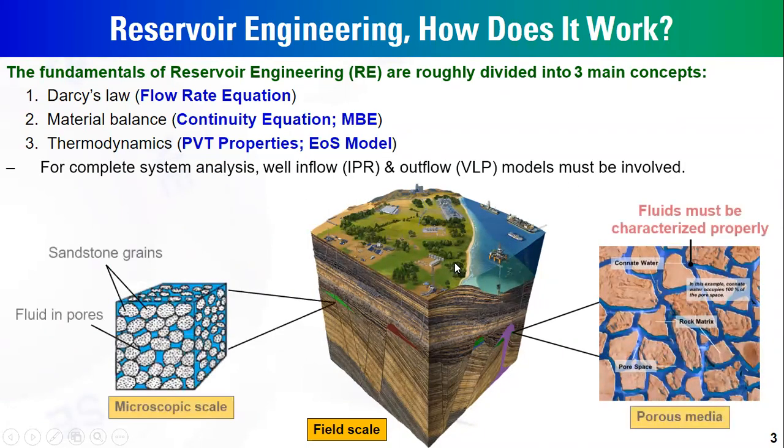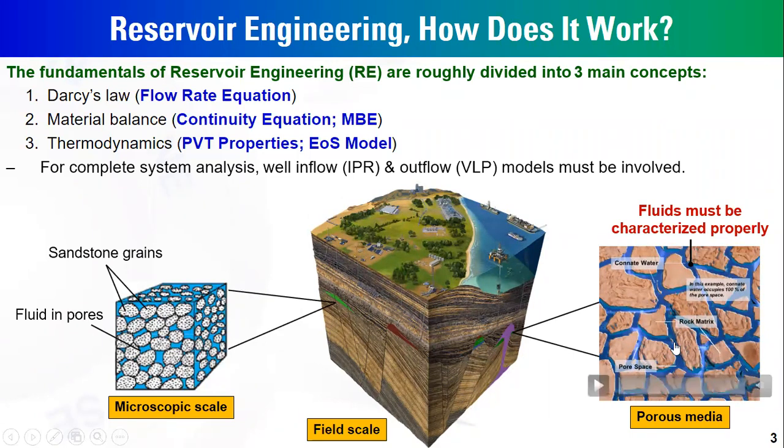As you know, if you have this 3D representation of an oil field, we may have an onshore or offshore field, and our wells may be vertical or deviated. But at the reservoir level, or porous media scale, we have a set of rock matrix of a specific lithology, like maybe clastics or carbonates.